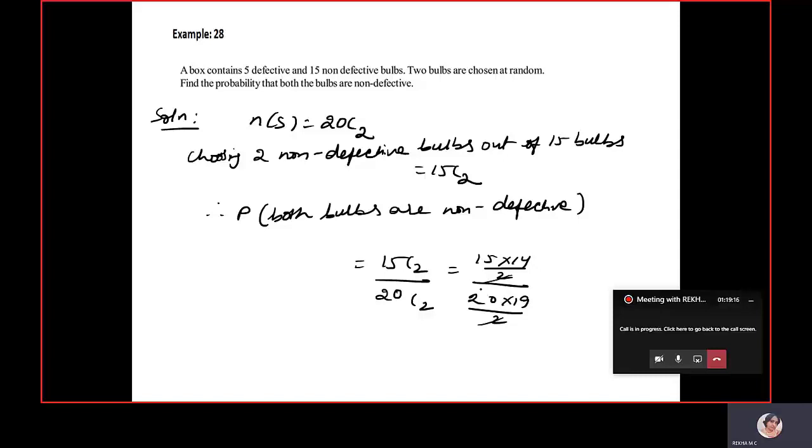So you can just cancel this and simplify. 5 into 3, 5 into 3, 5 into 4. So then again 7 to 7 to 2. So you'll be getting it as 21 by 38.